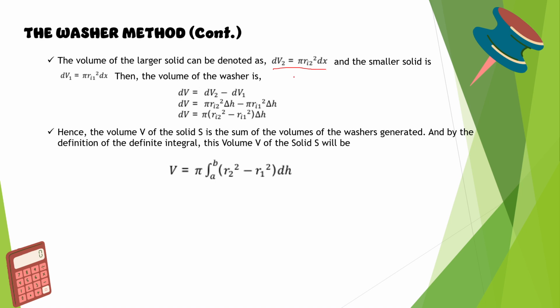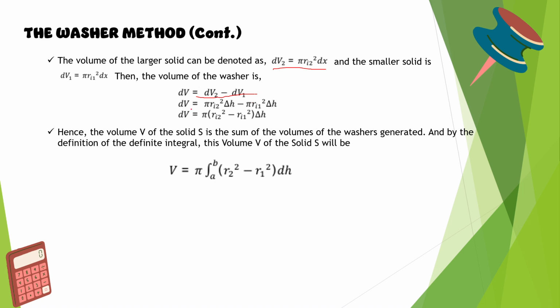The volume of this one, dV2, is equal to pi r2 squared dx, and the smaller one, dV1, is equal to pi r1 squared dx. Then the volume of the washer is the difference. dV is equal to dV2 minus dV1.